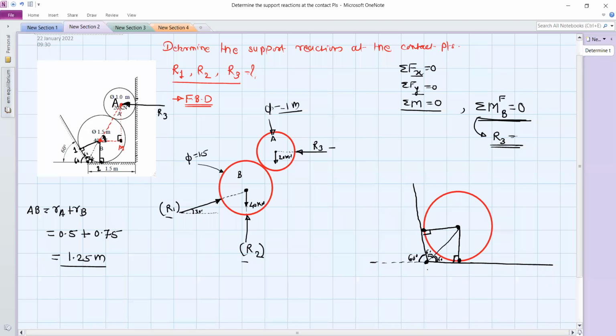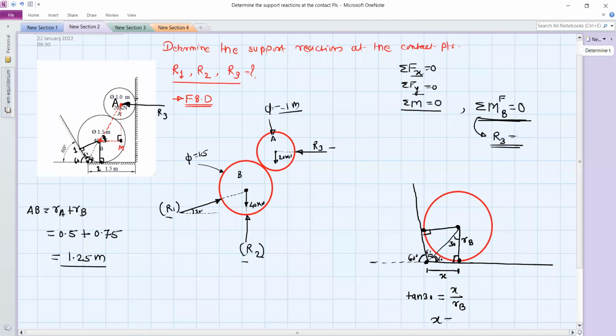Now here we can find this distance. Let us assume this as x. This is the radius of the sphere B. This is 60 degree, this is 30 degree. So we can get the value of x by using tan 30, which is equal to the opposite side x upon the adjacent side, radius RB.